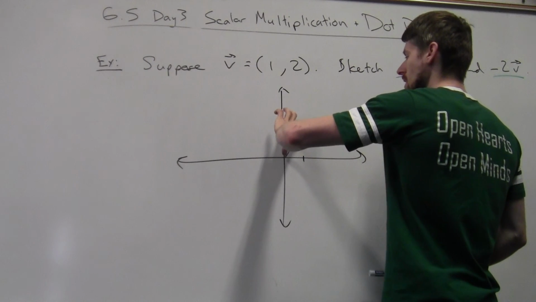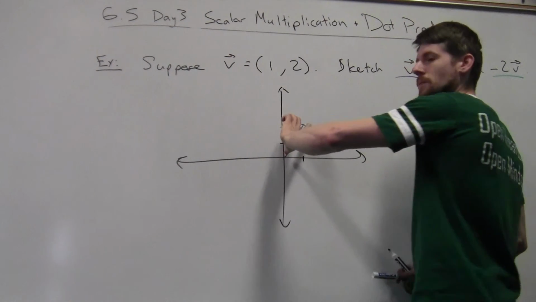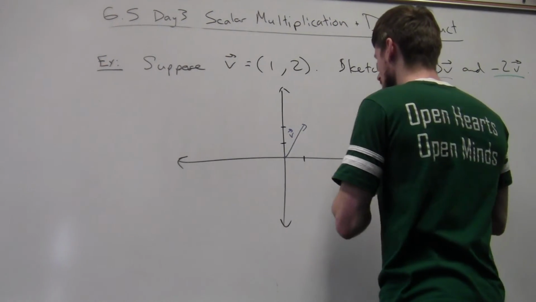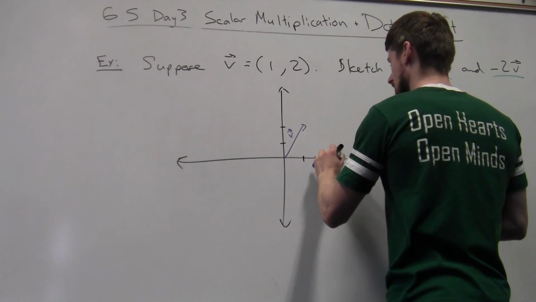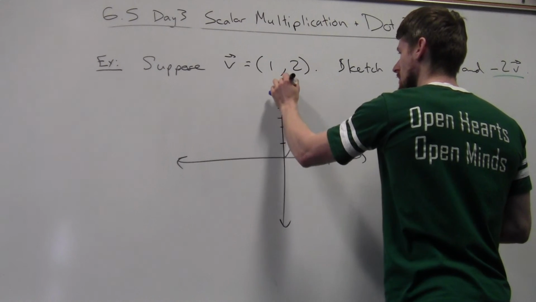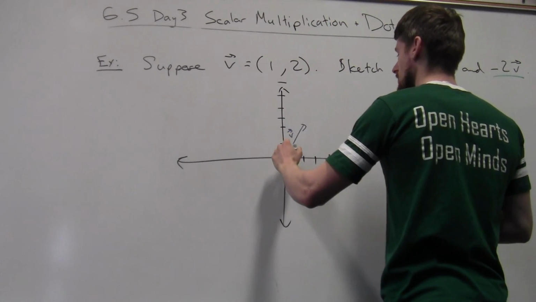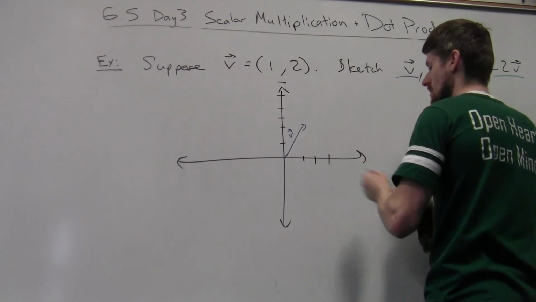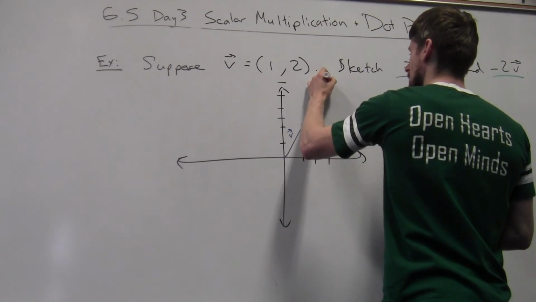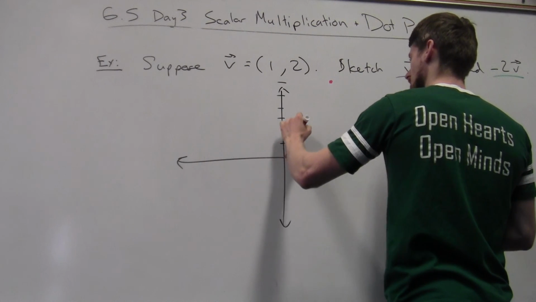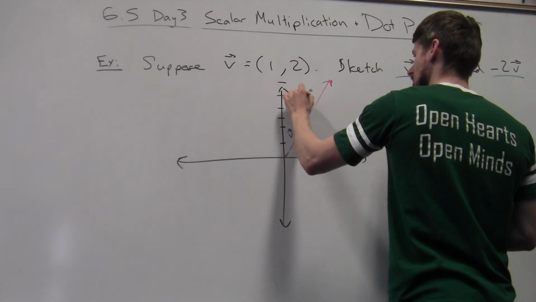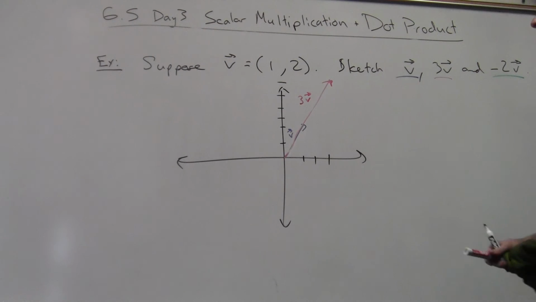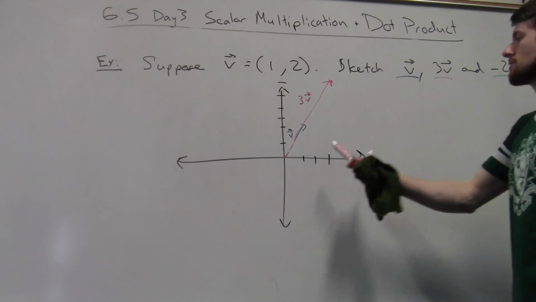Well, we take this arrow and we have 3 of it stacked on top of each other. So 3v is going to look like a vector that goes from 0, 0 all the way to 3, 6. That's 3v. Same direction as the original vector, it's 3 times longer.